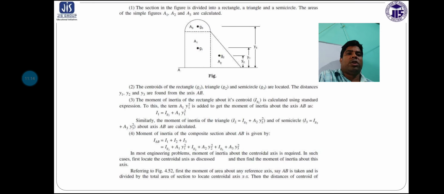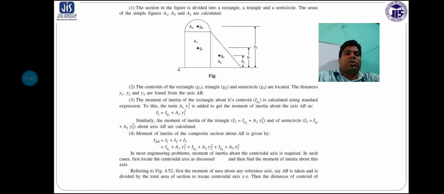Now in most engineering problems, the moment of inertia about the centroidal axis is required. In such cases, first locate the centroidal axis, as discussed here, and then find the moment of inertia about this axis. The moment of area about any reference axis, say AB, is taken and divided by the total area of the section to locate the centroidal axis XX.